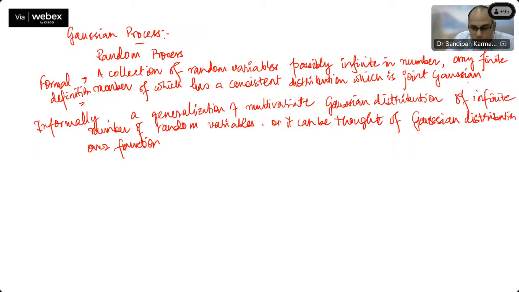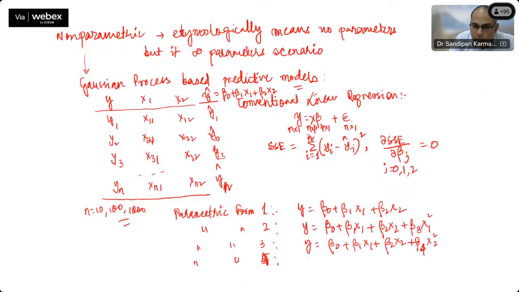If you look at these parametric forms, they are all in the original variable space.